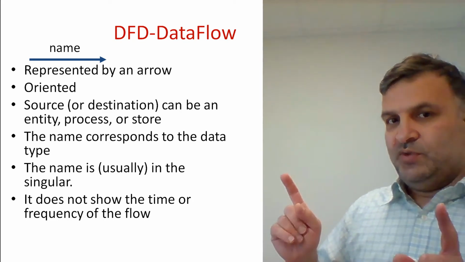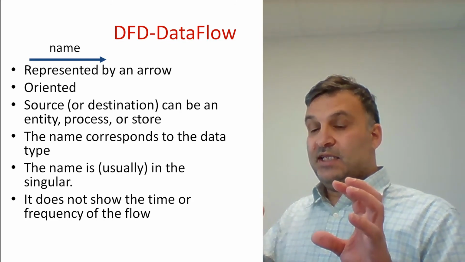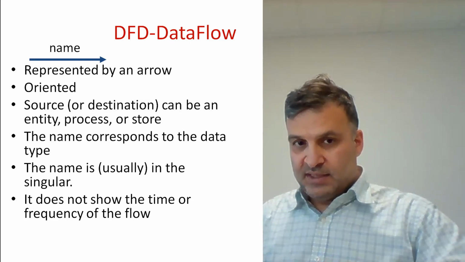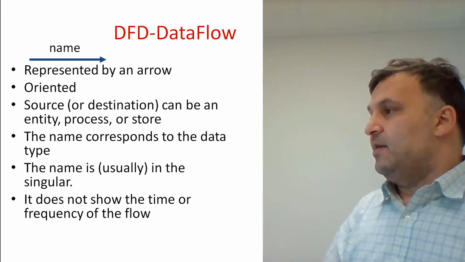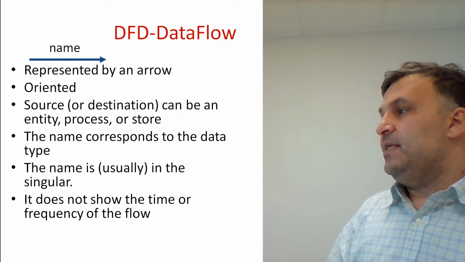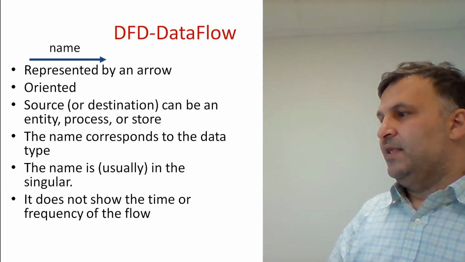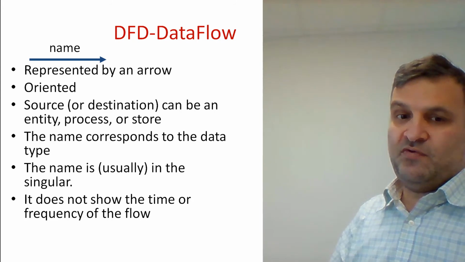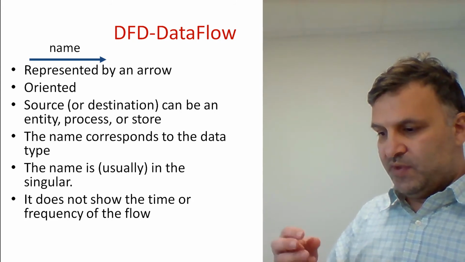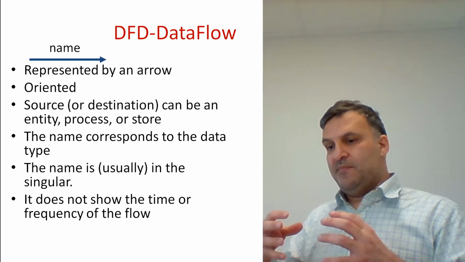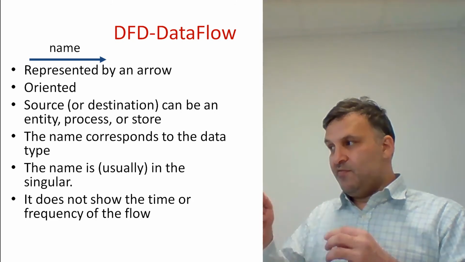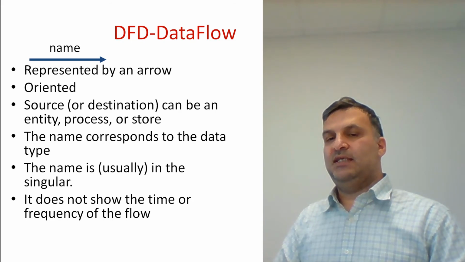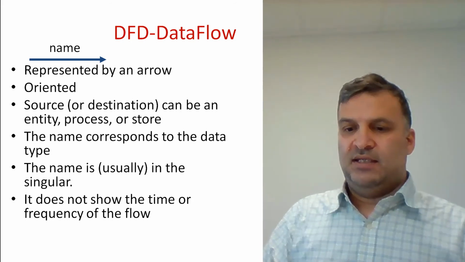But we should pay attention: we should not have a data flow between two external entities because we are in the system. The name is usually in the singular. It does not show the time or the frequency of the flow. So we try to make a general name for the flow. It is the same for the process, the external entities and the data stores.